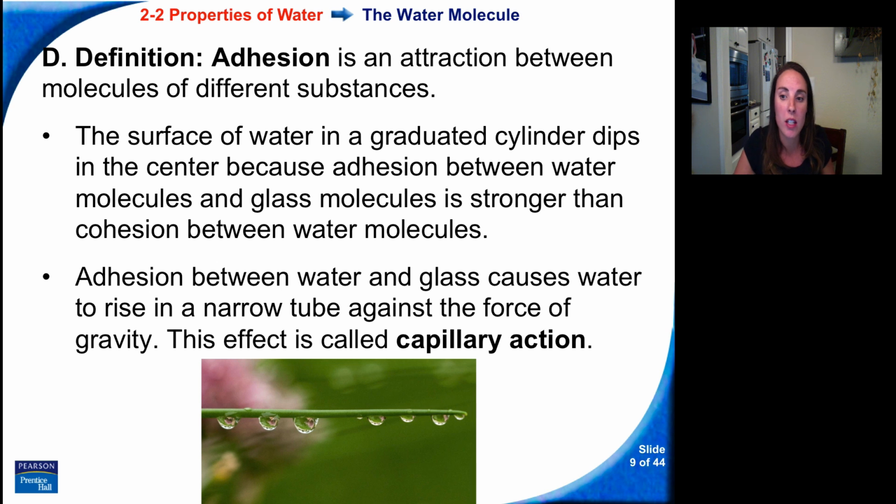Adhesion between water and glass causes water to rise in a narrow tube against the force of gravity. This effect is called capillary action, and I'll show you a picture of capillary action in the next slide. But another example of adhesion is water sticking to this plant, which is why the water droplets are not falling off. They're actually sticking to the plant because of adhesion.